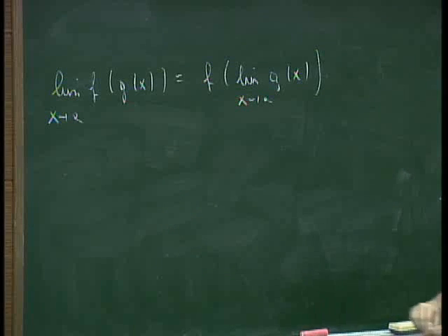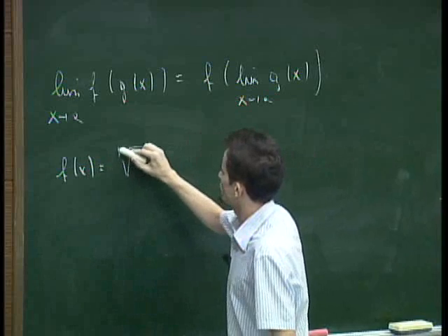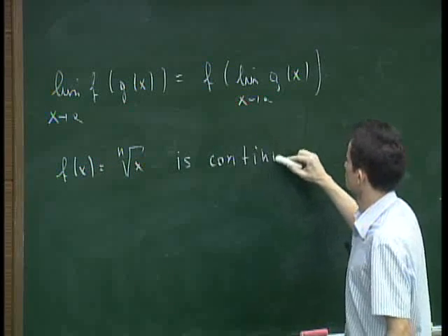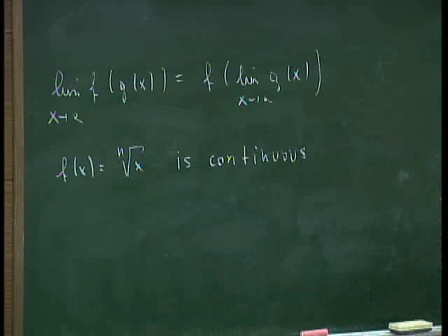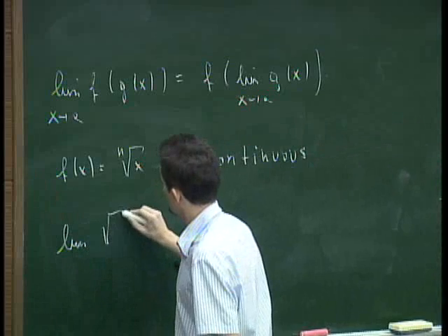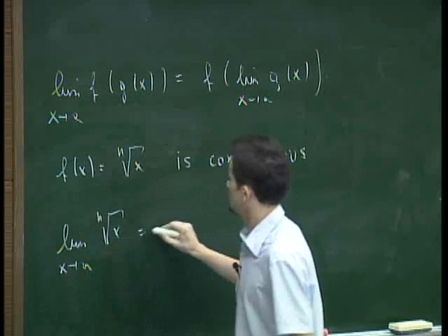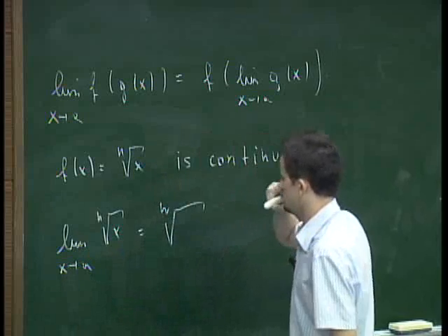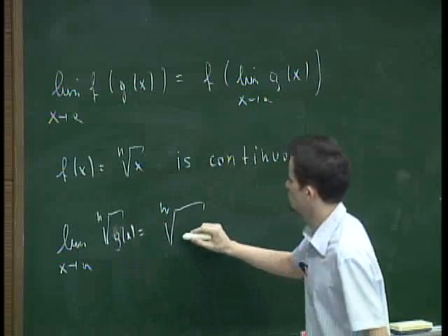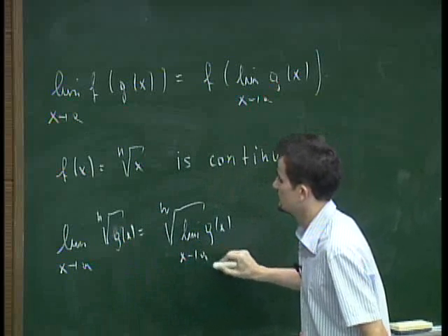So we saw already that f of x is equal to the nth root of x is continuous. So we see from this that the limit of the nth root of g of x as x tends to a is equal to the nth root of the limit of g of x as x tends to a.